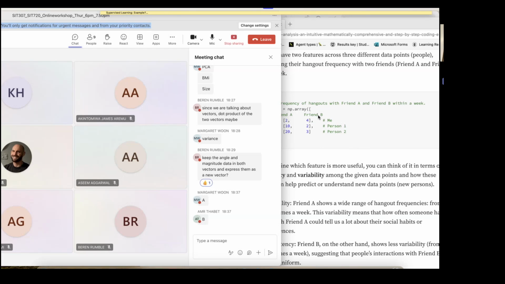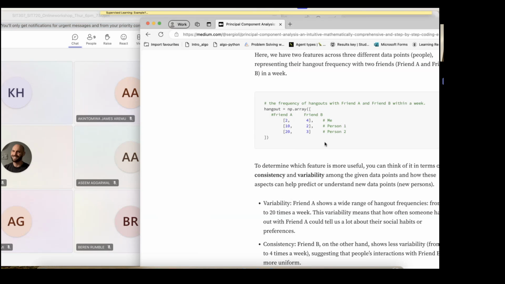If I have a new person, it can identify very well whether that person is introverted or outgoing, by looking at the hangout record for friend A or friend B.